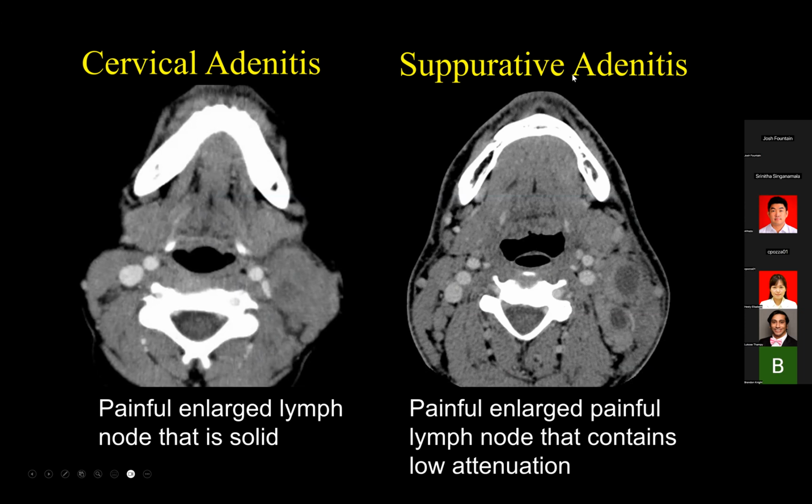The proper terminology is suppurative adenitis. So, oftentimes I'll end up seeing these called abscesses. These are not real abscesses, but it's suppurative adenitis. And it's important to remember these two specific terms when we talk about infection, because we're going to revisit this. And if you're not clear about the definition, you're going to get confused as we move forward.